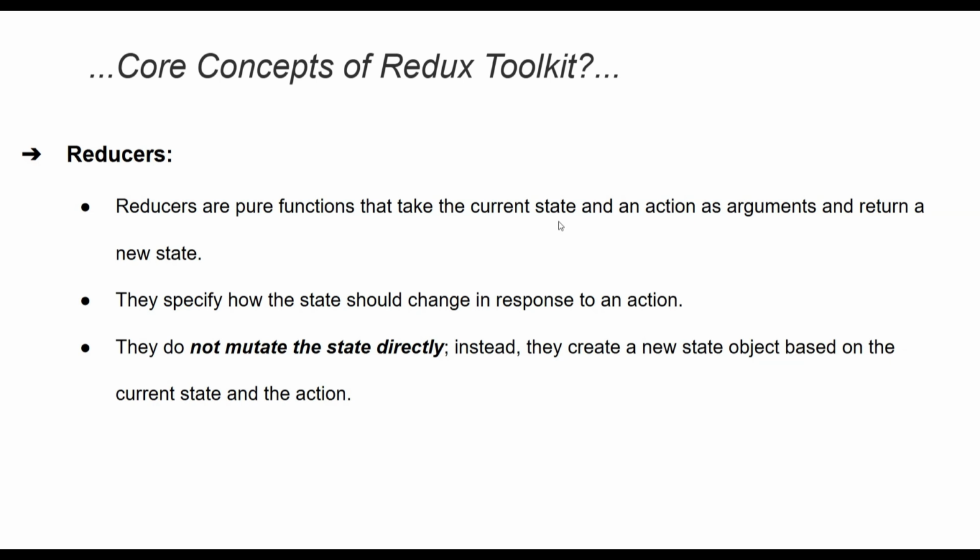For example, in the case of that increment, it is going to take the current state. If the count variable is 10, it's going to take the current state of that state variable, which is 10, and then increment that state variable, changing the state of that variable to a new state.